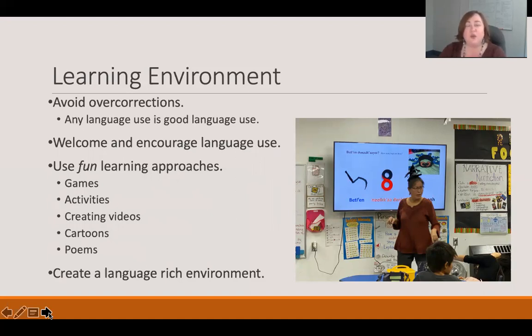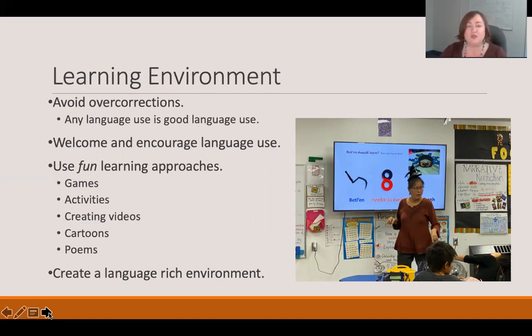Also, we want to make sure that we're saying that whatever language you're using is good language. When people are learning a second language, they often go through this phase called interlanguage, which is where they're producing language, but it's not exactly fluent and grammatical. It's kind of an in-between language. And we need to go through that stage in order to get to where we can be fluent and grammatically correct.